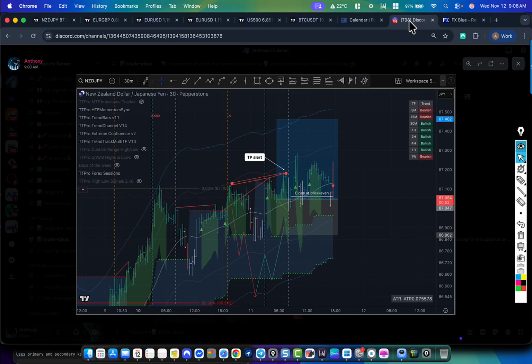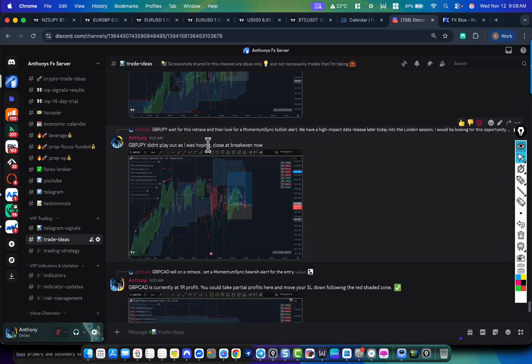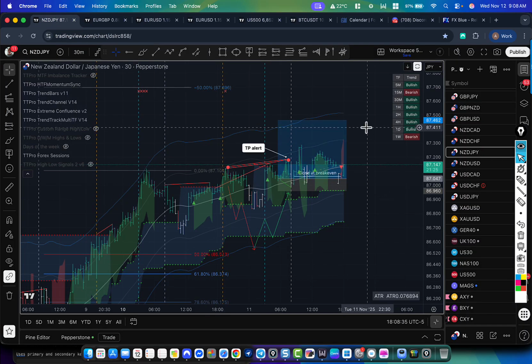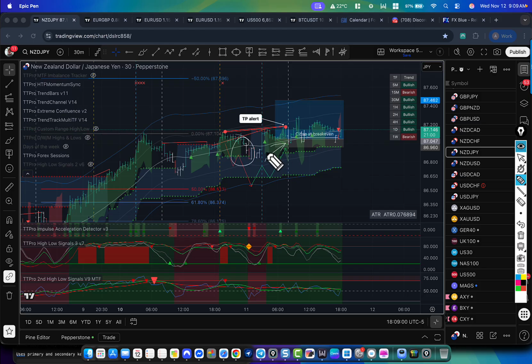The other one was the pound yen. Didn't play out. I was hoping close at break even now. So pound yen. Oh, the other alert that you can set for an exit is off the high-low signal 3. And in fact, if I send in an idea, and the idea is, wait for these candles to turn red and then look for the next signal.